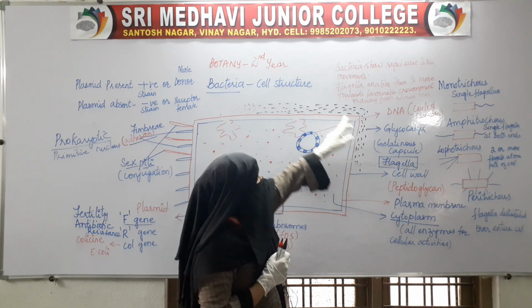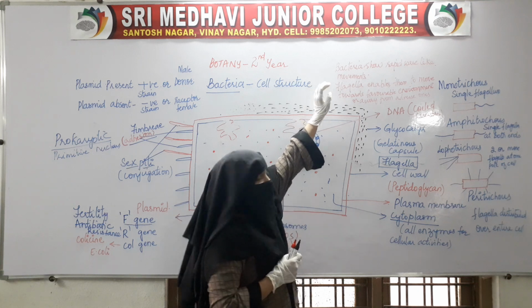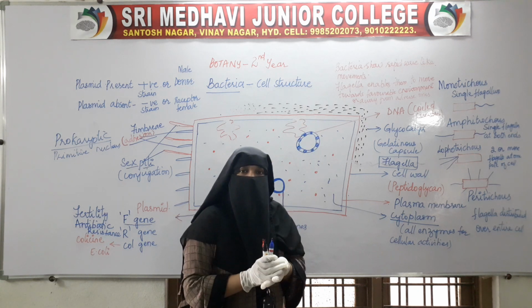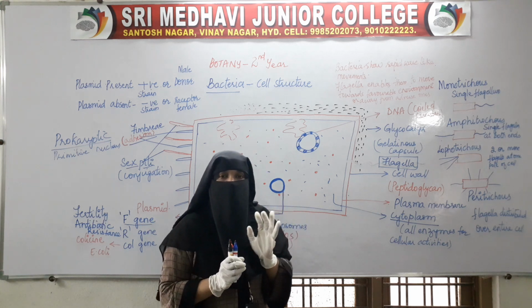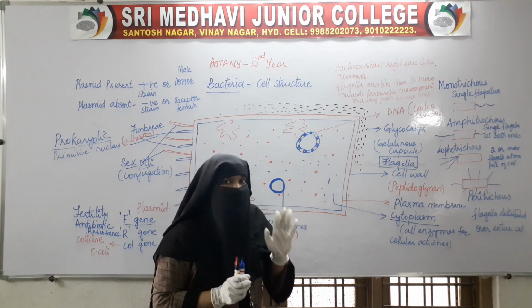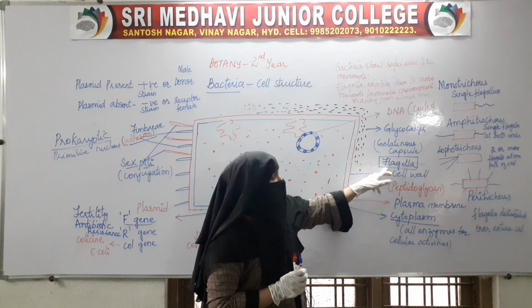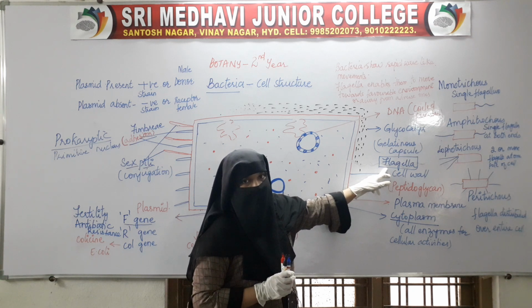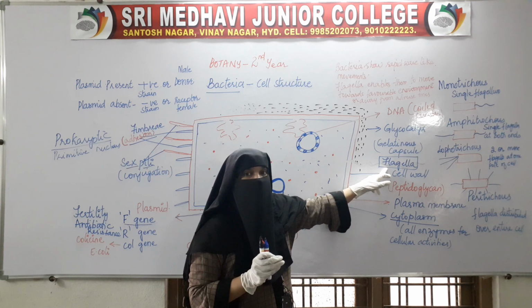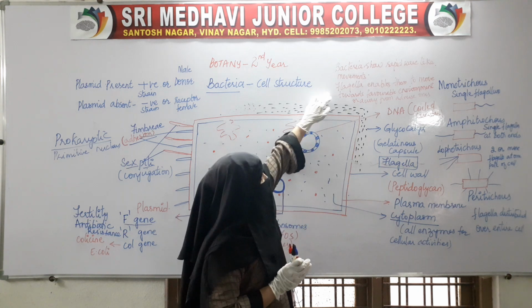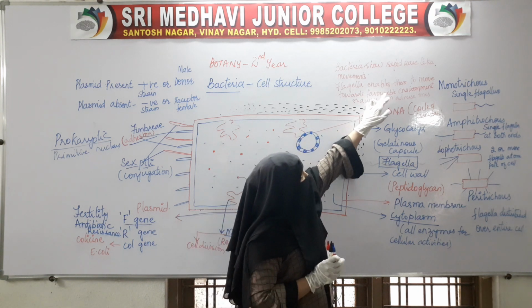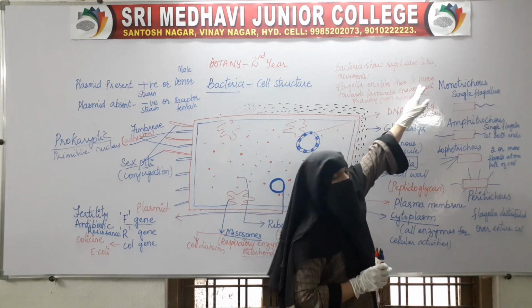The function of flagella is that it helps bacteria show rapid wave like movements. Bacteria, that is the cell, shows rapid wave like movements. That movement is because of the flagella. Flagella helps in the movement of the bacterial cell. So flagella enables the bacteria to move.